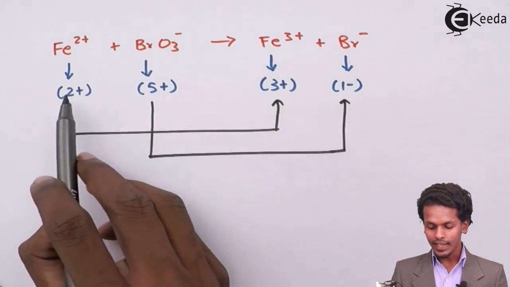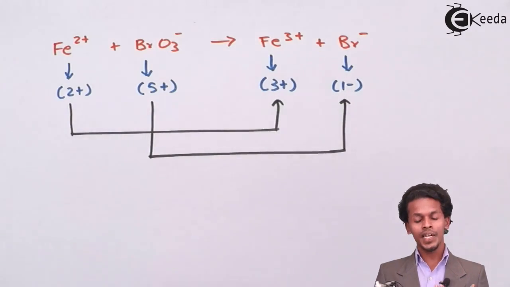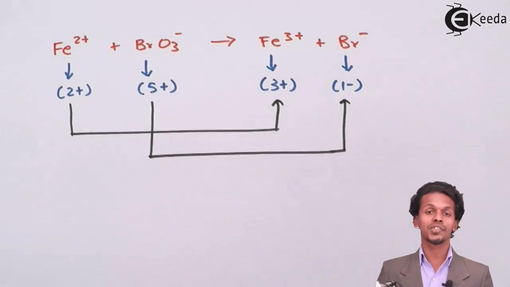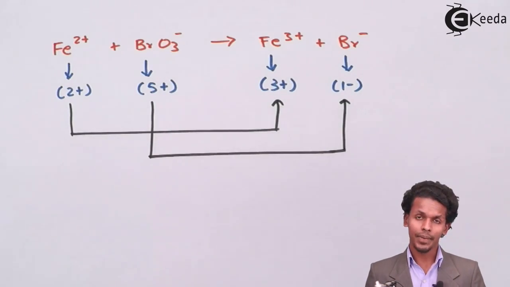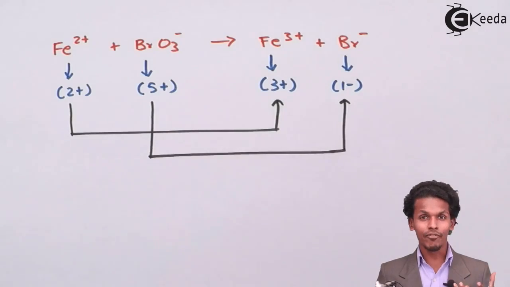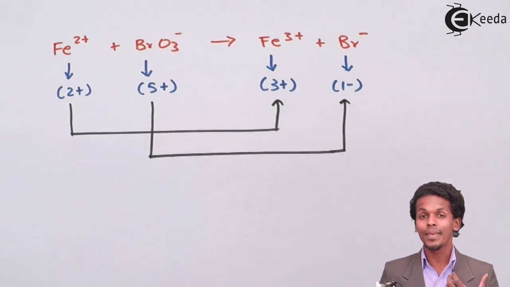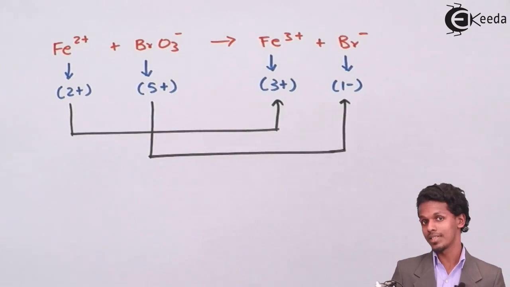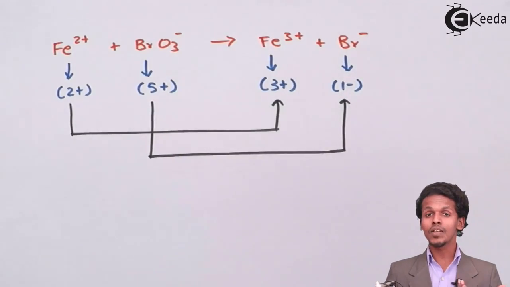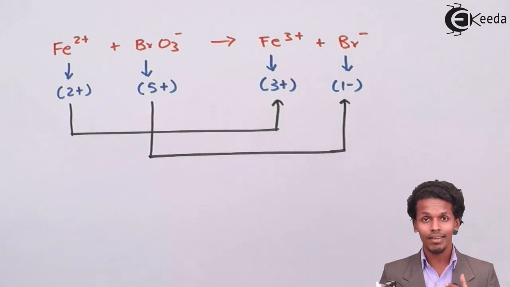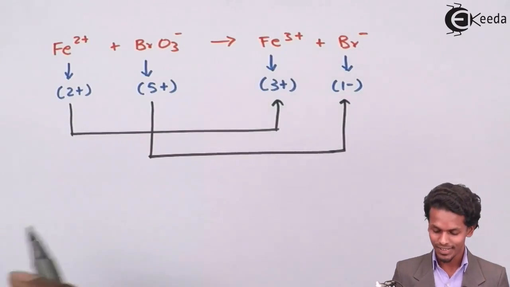I could see that this 2+ is being converted into 3+. The oxidation number is changing from +2 to +3. So it is only possible if electrons are being lost by the Fe2+ ion. Because electrons are being lost, it is said to be oxidation.